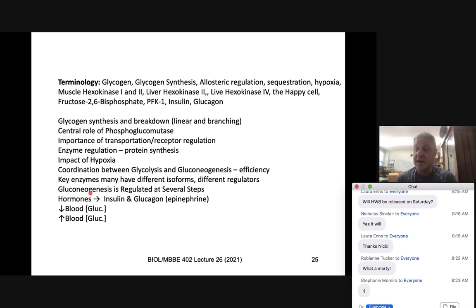We think about the regulation of gluconeogenesis and obviously the coordination to ensure efficiency between that switching with the fructose 2,6-bisphosphate and its impact on the phosphofructokinase number 1 and the fructose bisphosphatase. And again, also this central role of the phosphoglucomutase when we're looking at the breakdown of glycogen.